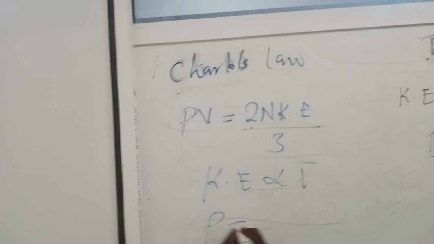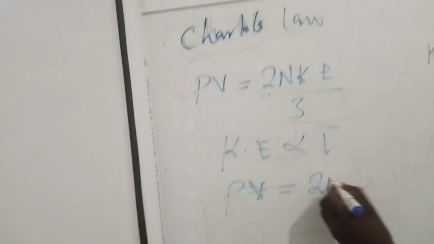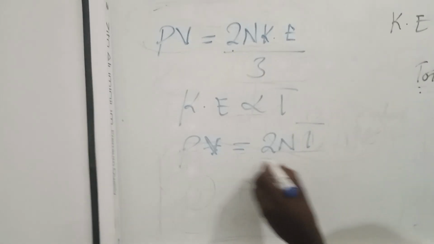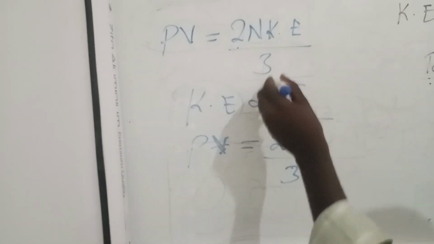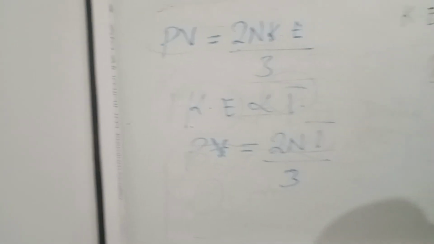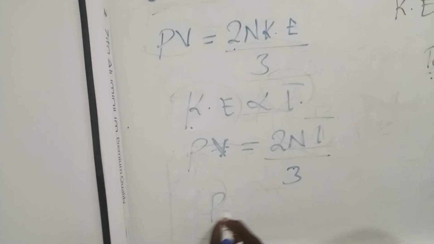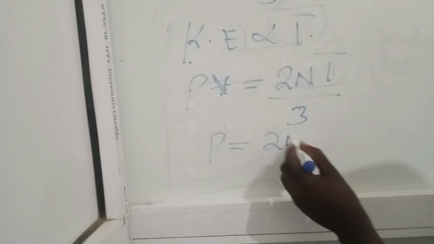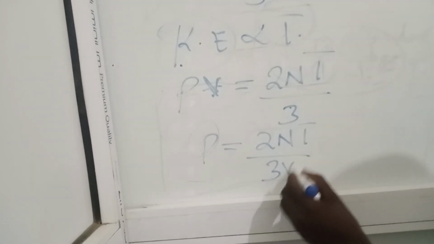So therefore we can simply say PV is equal to 2n times temperature divided by 3. So we now replace kinetic energy with temperature, since kinetic energy is directly proportional to temperature. So therefore we now have P is equal to 2nT all over 3V.